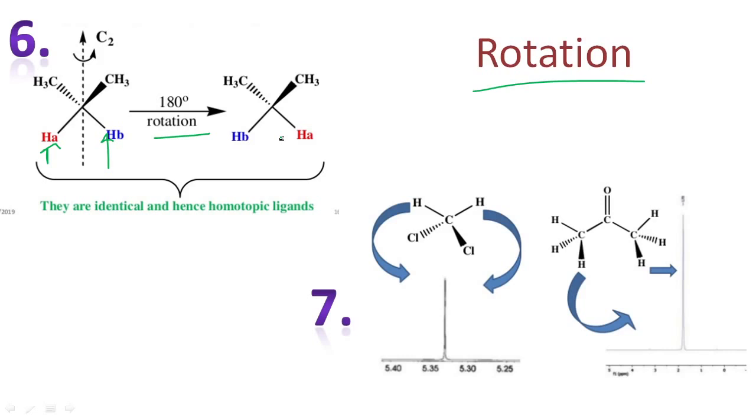So what you see is you can interchange the position of hydrogens, right? So when we have a homotopic group, we have only one NMR peak. In NMR spectroscopy, we get only one peak. Similarly, in case of acetone, these hydrogens are identical, all homotopic, so we get only one peak. This is just one peak.